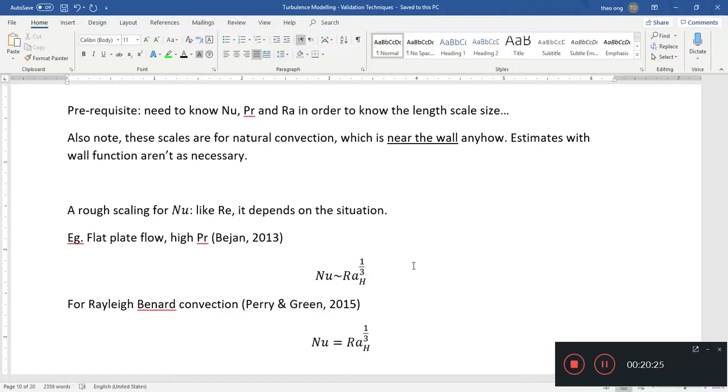As a general technique, for LES you just take the smaller scale times 10. That will be roughly what your smallest LES cell size should be. For Reynolds-averaged Navier-Stokes, just take the smaller scale times 100. That should be your rough cell size, or cell width, or cell length, so to speak.